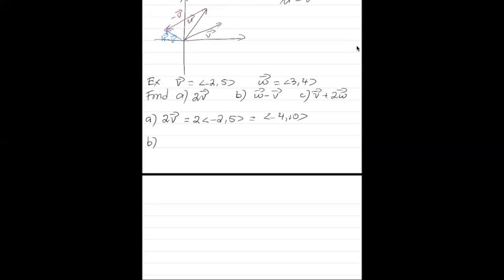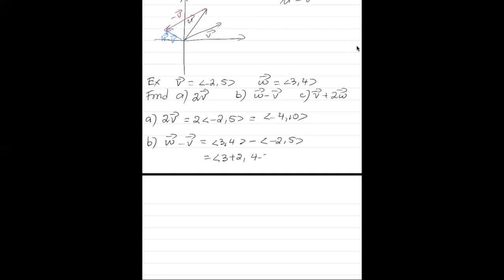Part B, we need to find w minus v. How do we subtract vectors in component form? We subtract the corresponding components. So w is 3, 4, and v is negative 2, 5. You subtract the corresponding components, so it'll be 3 minus negative 2, which is 3 plus 2, and 4 minus 5.